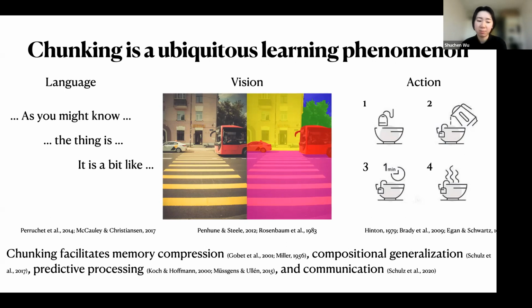It helps us predict what is upcoming in the future based on the previous structures and the relations between the structures we have acquired. And it helps communication. When we talk about ideas with each other, if we have a common underlying chunk representation, then we can use one word or one concept to denote what we're talking about.